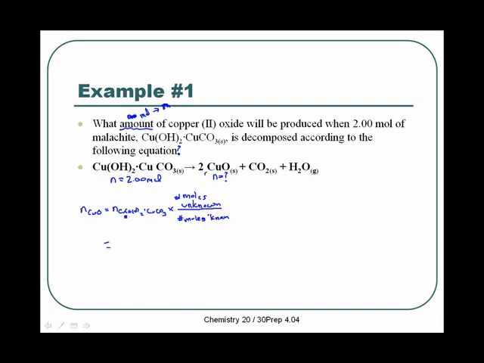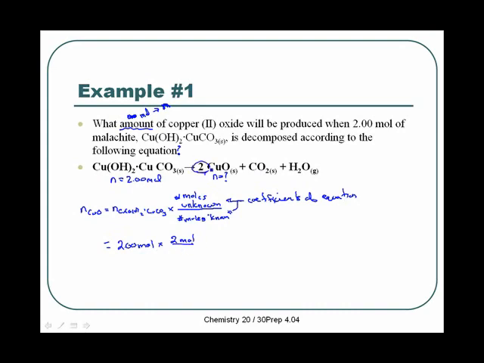So that's the basic formula I'm going to use. And so it would be the number of moles of malachite. So that's going to be 2.00 moles. That's how much I'm actually reacting. My mole ratio, these come from the coefficients of the equation. And so I have 2.00 moles. The moles of unknown, the thing I'm looking for, is 2, because that's my copper oxide.